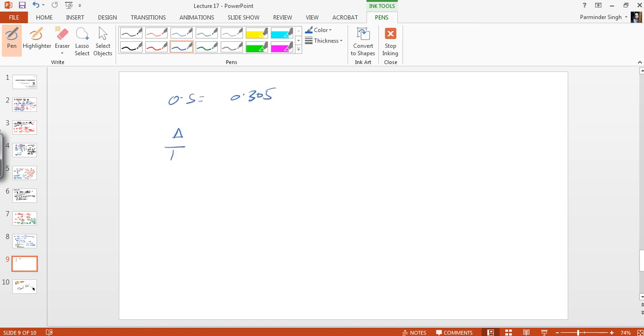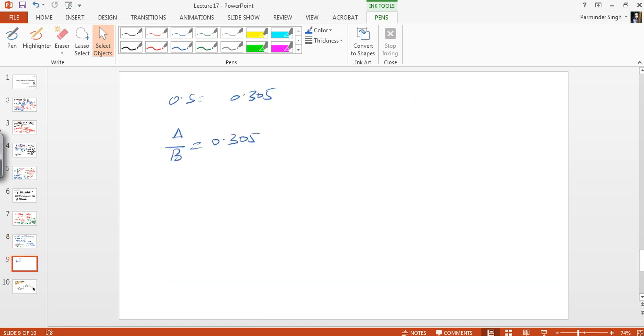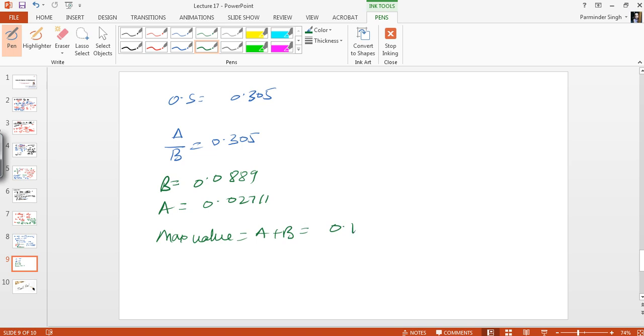So A by B is 0.305, and B we already know is 0.0889, so A comes out to be 0.02711, because B gets multiplied by 0.305. So the maximum value will be A plus B, which comes out to be 0.116. So we have the maximum value of C(t), which is 0.116.